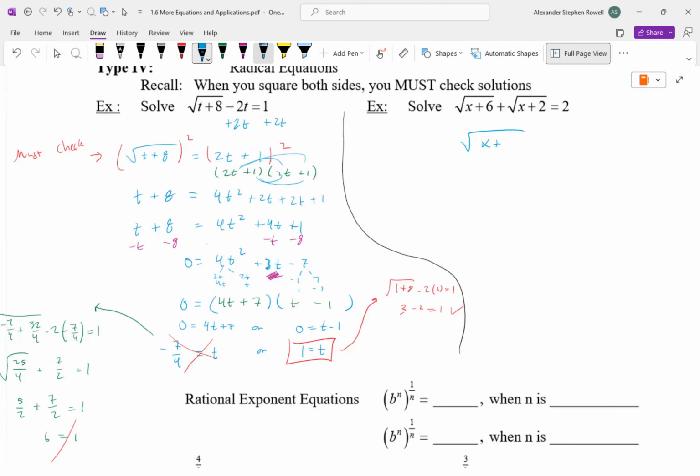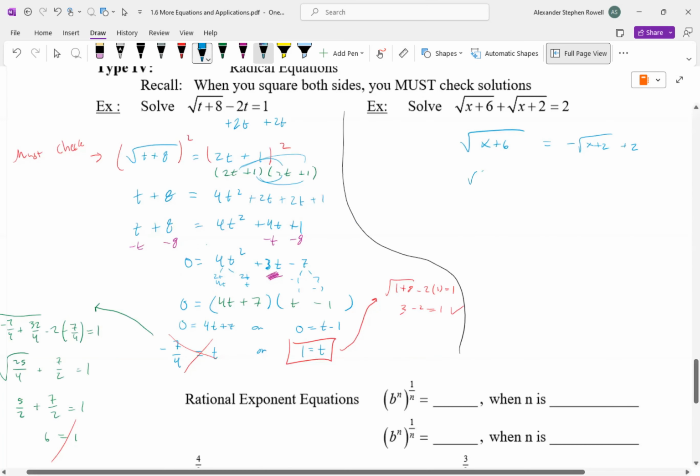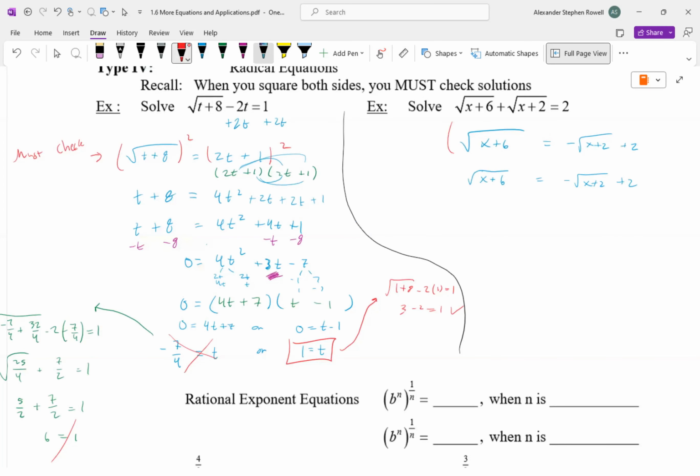I must isolate it. So I'm going to subtract the other one from both sides, and I get rid of it by squaring both sides. Okay, so if I square both sides, I may be creating extraneous solutions, but what's the square root of x plus 6 squared?